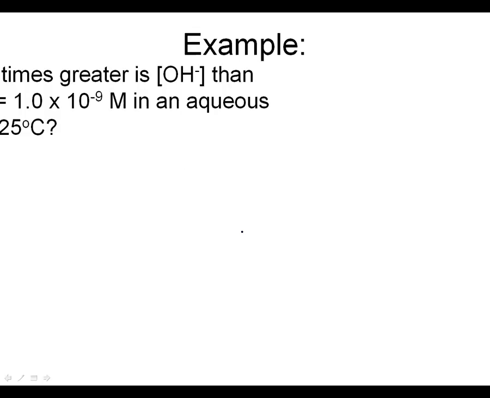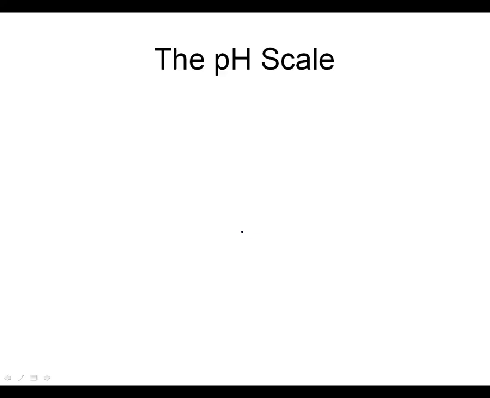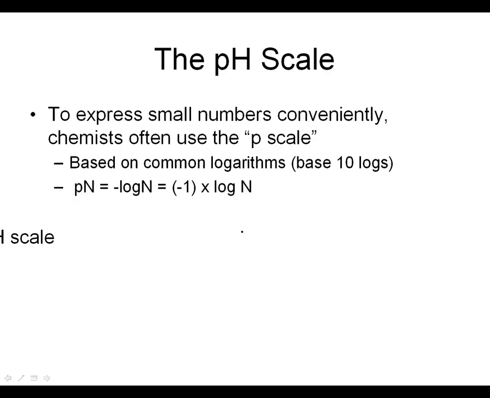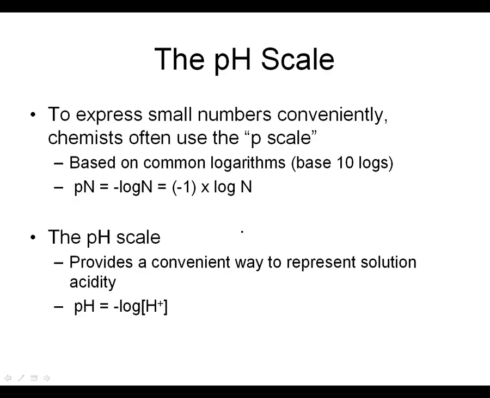All right, we're going to skip this last one here, and now talk about the pH scale. The pH scale is basically a measure of acidity, and it runs from 0 to 7 to 14. Below 7 to 0, it's acidic.